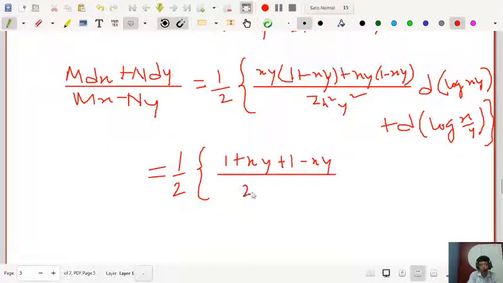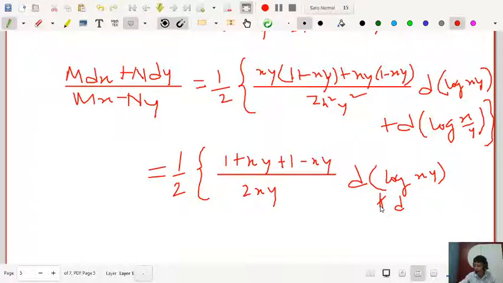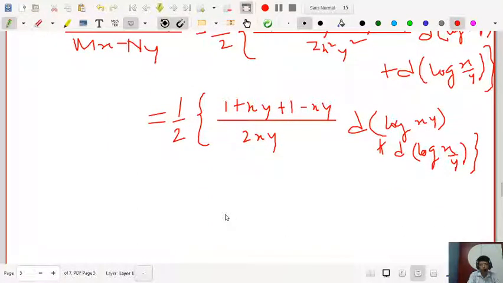So 2xy, look at that, 1 xy gets cancelled from the numerator and denominator, and you have the same term, d log of xy plus d of log x by y, d log of x by y, and it's complete.